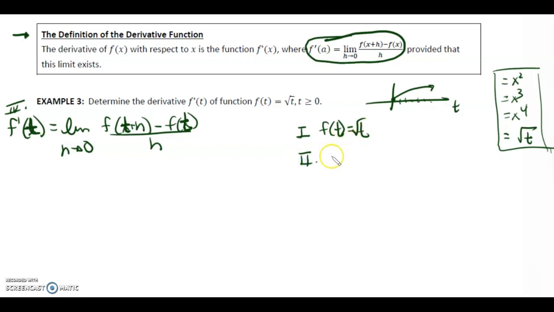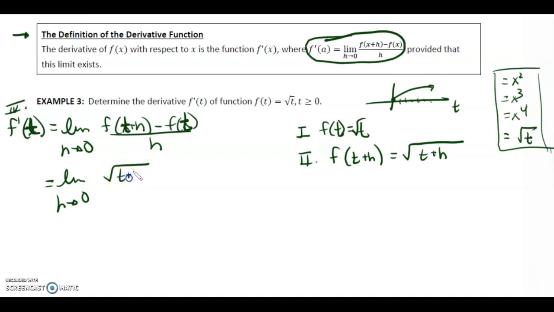Step 2 is going to be f at t plus h. So that's just going to be root t plus h. We cannot simplify this anymore, so we're done. Let's plug it in. Step 3, the limit as h approaches 0. We get root t plus h minus root t, all over h.